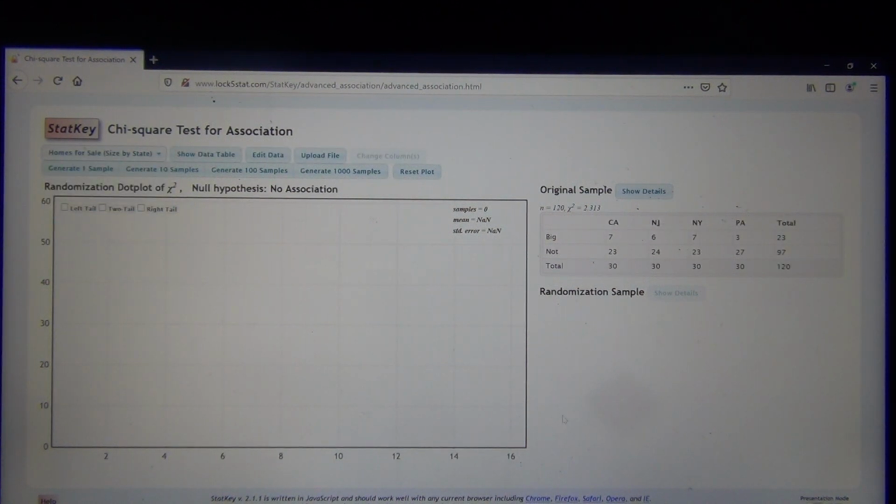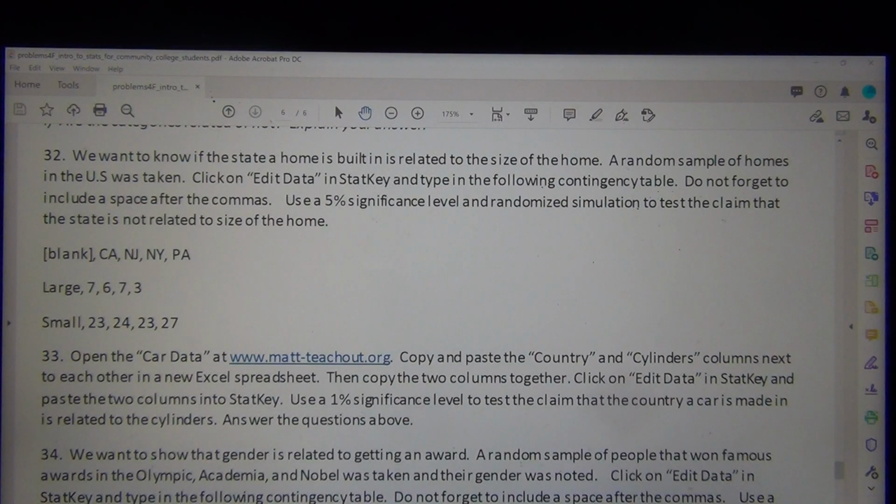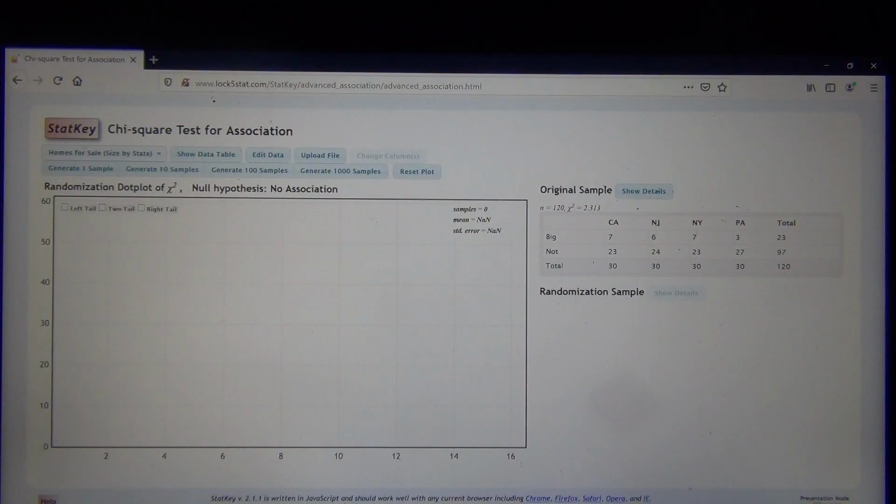So we can see that they really had homes from 4 states, and they classified the homes as either big or not big. There's our data. It's the same numbers they had in the problem, so I think we're okay.